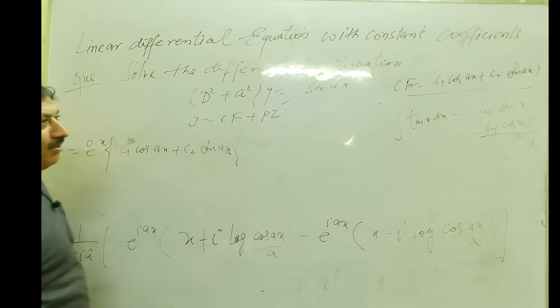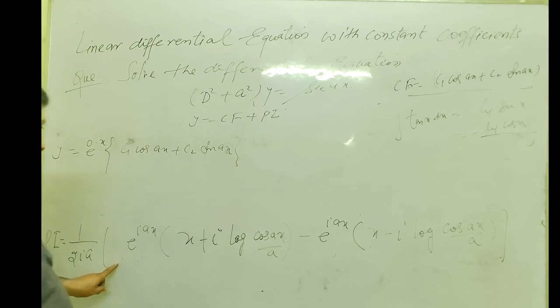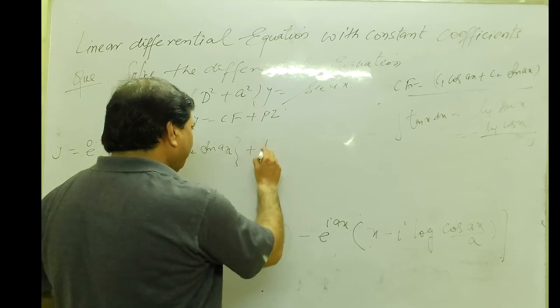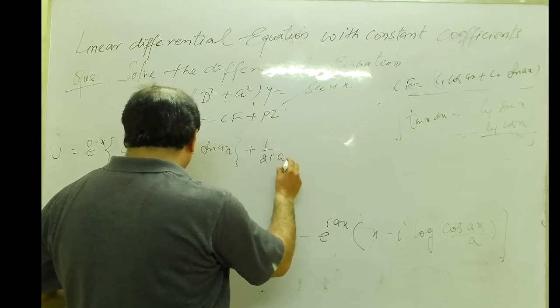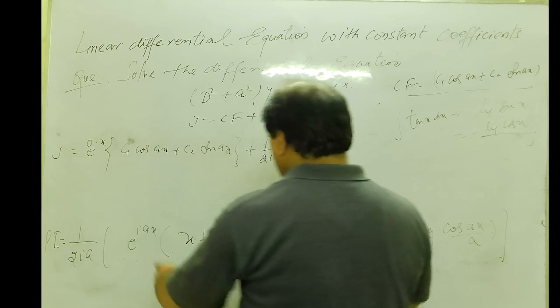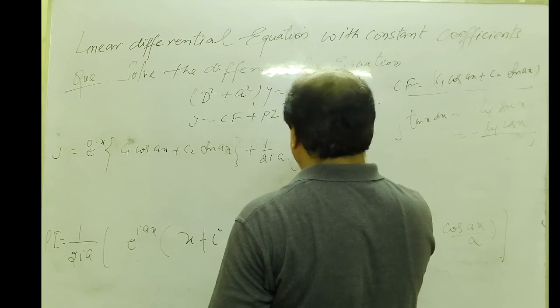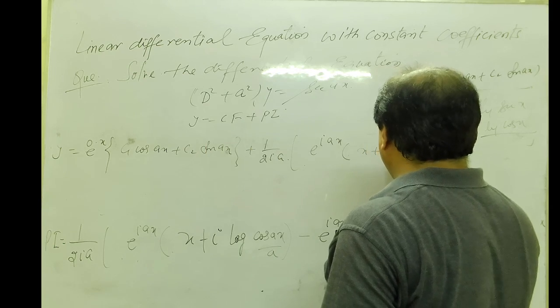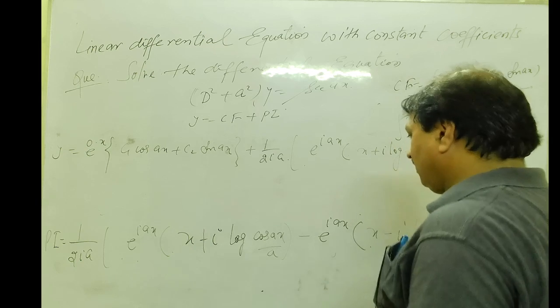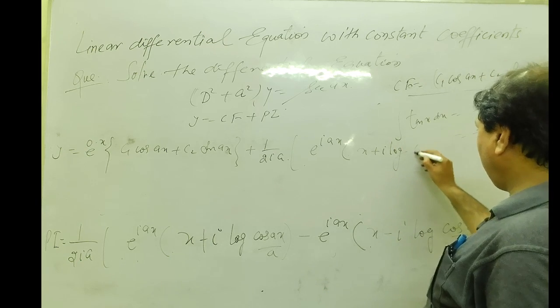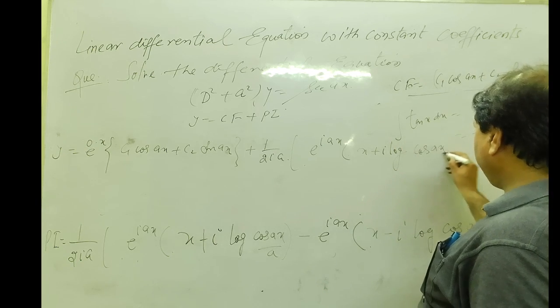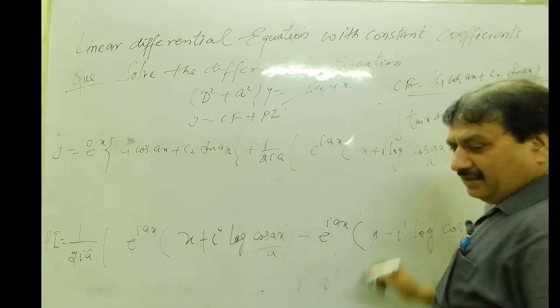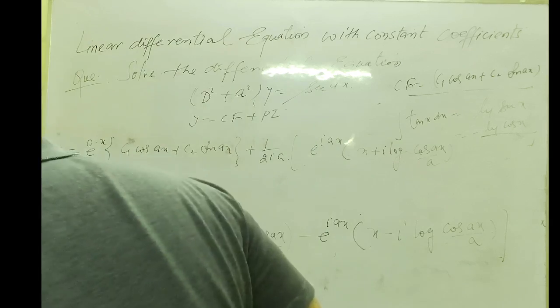This is the complementary function, plus 1 upon 2i, bracket e to the power iax, next bracket x plus i log cos ax upon a. Right, my dear students.